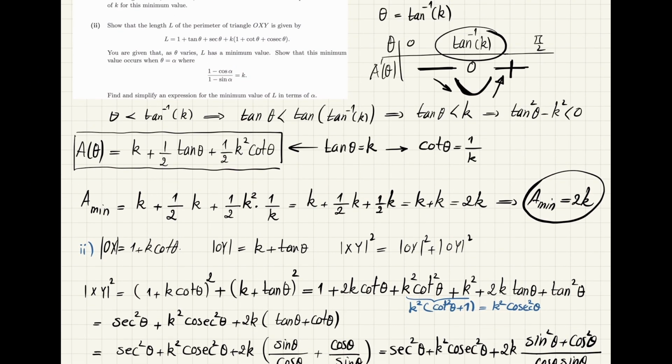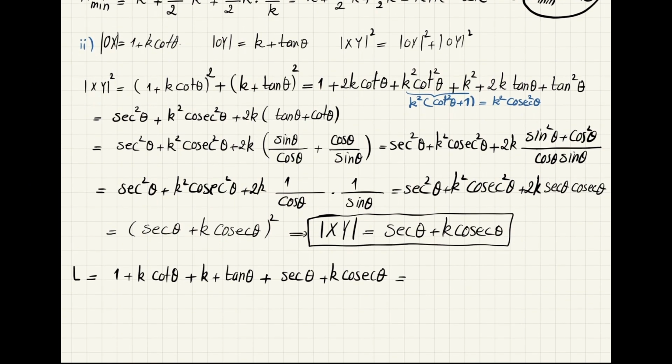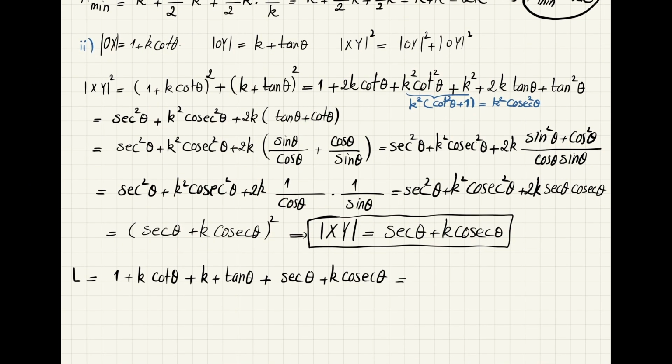So I have this expression here, so I have to factor k out. There are terms with k, there are terms without k. So I combine them together, okay? So then what happens? L is equal to 1 plus secant of theta plus tangent of theta plus, now I factor k out, k times (1 plus cotangent of theta plus cosecant of theta). So finally we got the result.